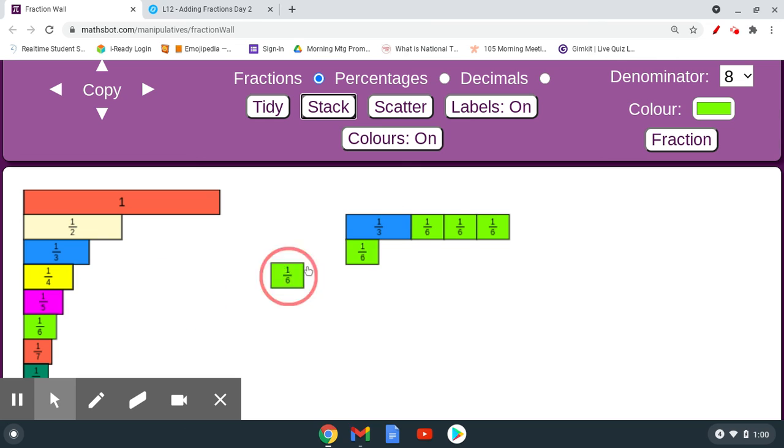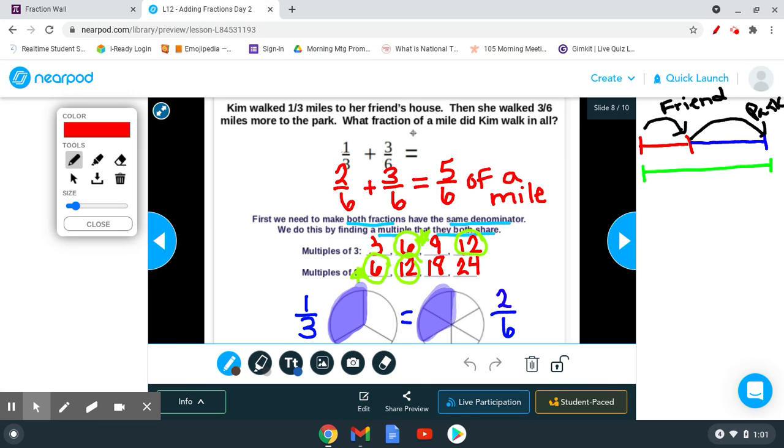Well, 2 1/6 pieces is equivalent or can represent the 1/3. So when I put them all together, you guys can see 1, 2, 3, 4, 5 1/6 pieces, which matches our answer. Your denominator always stays the same because that represents the size of the pieces. The numerators are what we add because that says how many of those pieces we have all together.